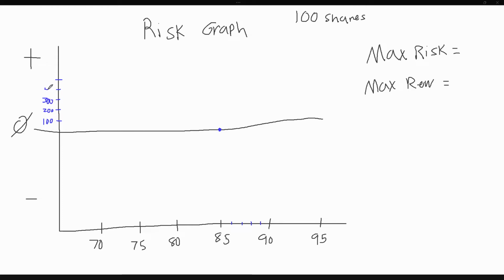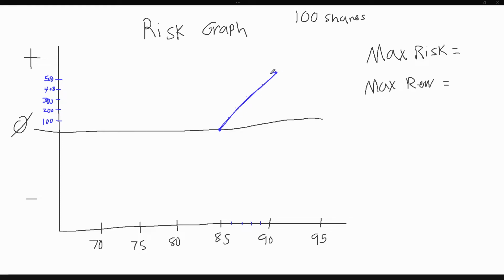And it would display these numbers so you can quickly look at it and say, at $90 per share, I'm up $500. So this would be $400, this $300, this $200, this $100, and this risk graph would just go through like that.